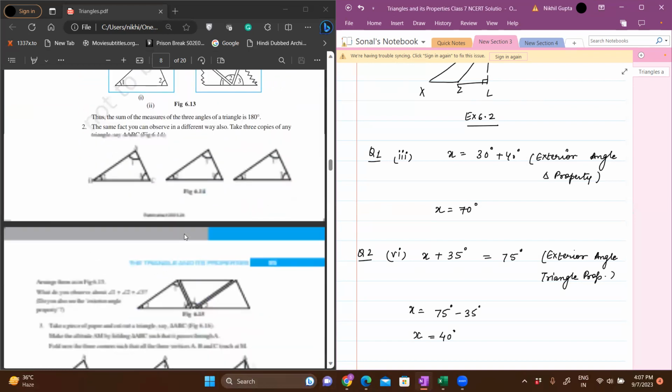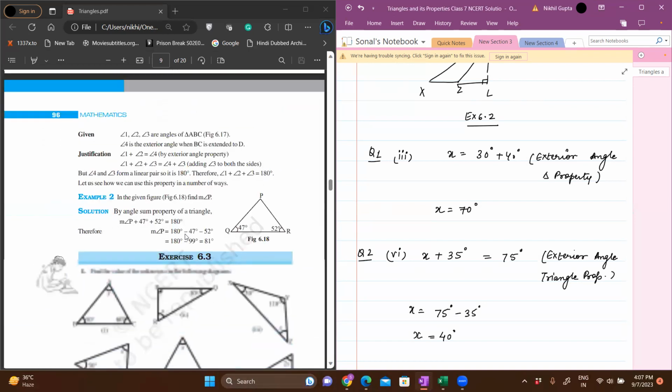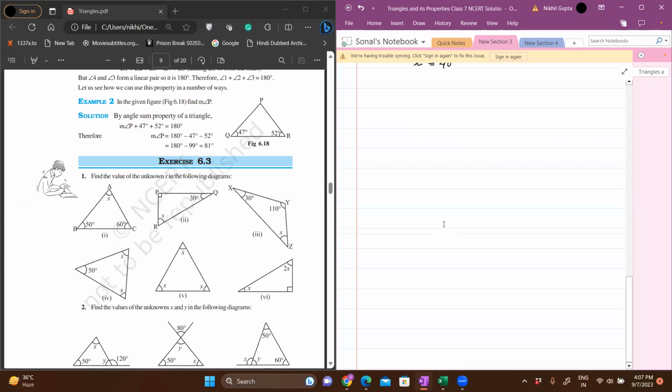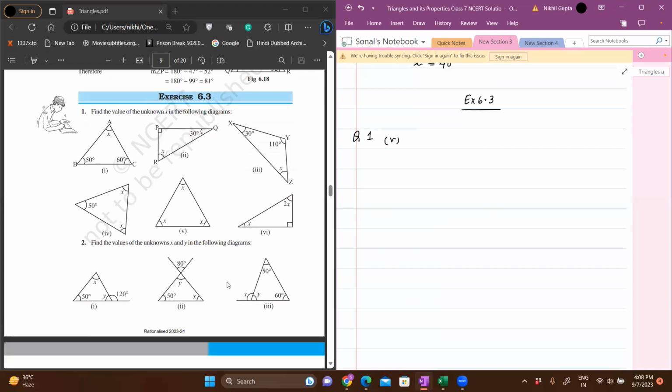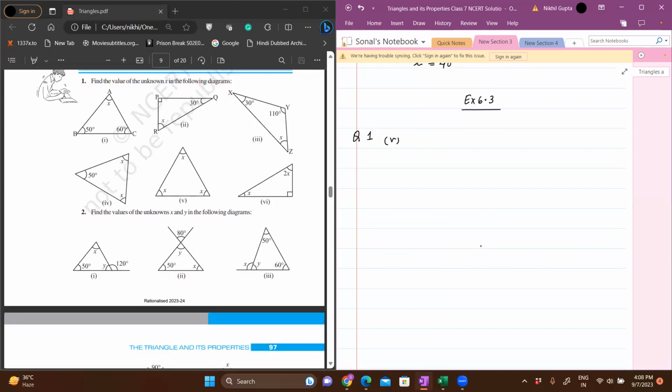Let's move on to the next exercise, exercise 6.3, which is based on the angle sum property of a triangle. If we talk about question number 1, I'm taking the fifth part. Now in the fifth part, all three interior angles are x degrees each, right?